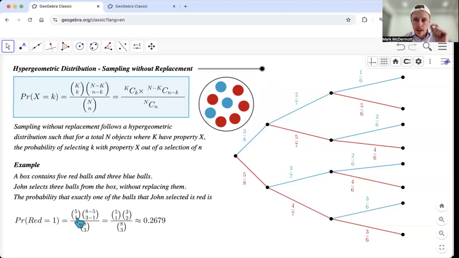I just want to explain that in a bit more detail as well. Imagine it was 5, choose 2. Imagine the question was exactly 2 of the balls that John selected is red. Okay, that would be 5, choose 2. How many ways can he select 2 from 5 red balls? Well, let's explain. He could pick this one and this one. There's one way, or he could pick this one and this one.